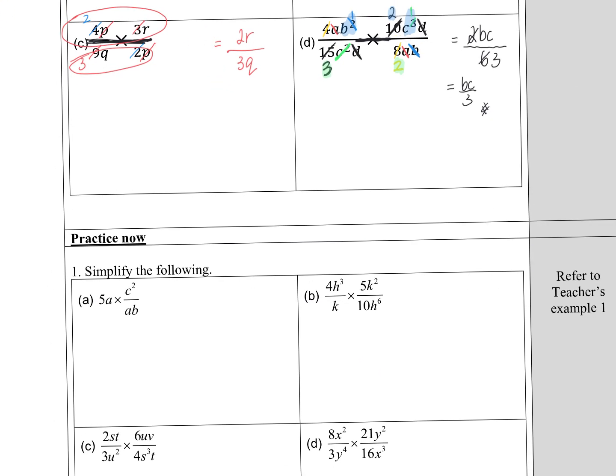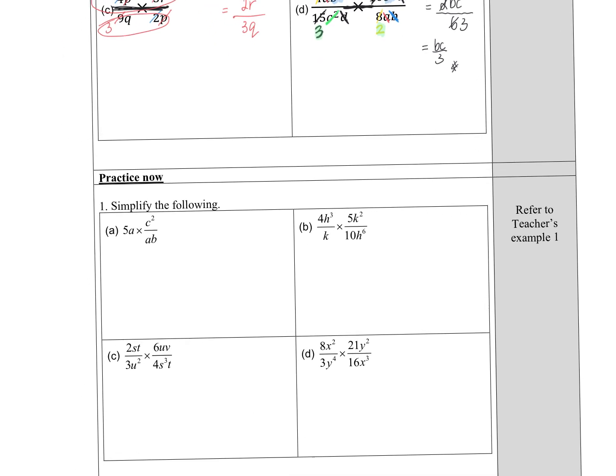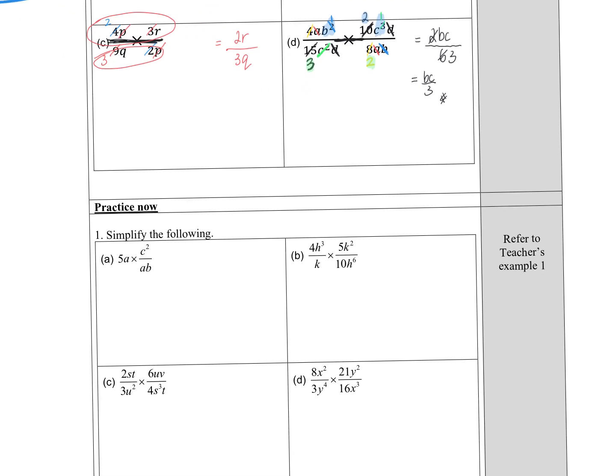Okay, next one. Okay, you see that they say practice now. So for the next 5 minutes, can you do A, B, C, D yourself? Just try, later we will check. Okay, try A, B, C, D. If there's no fraction there, you can put an over 1. Okay, try to do, later we check.